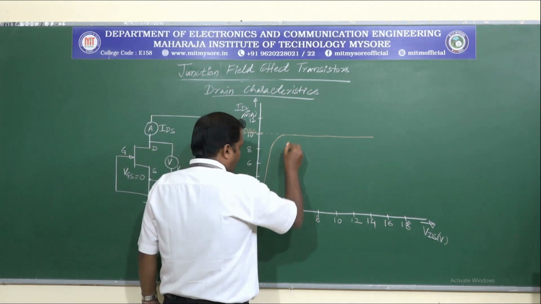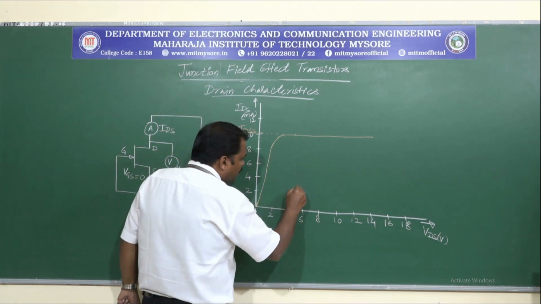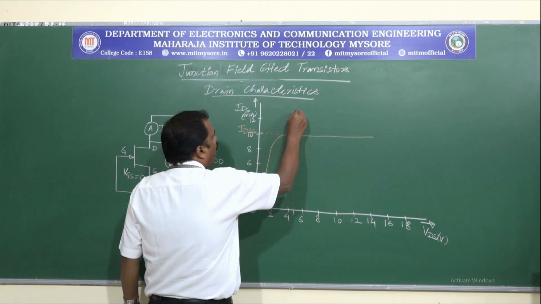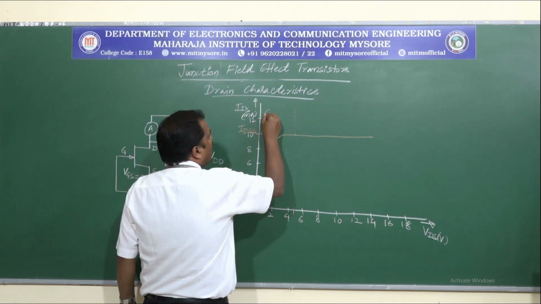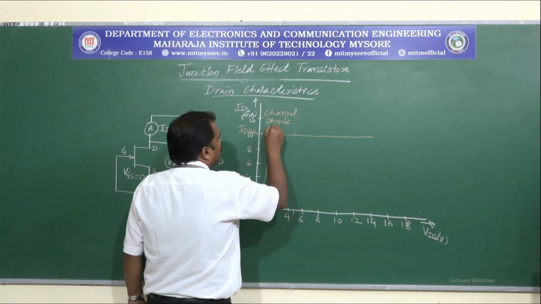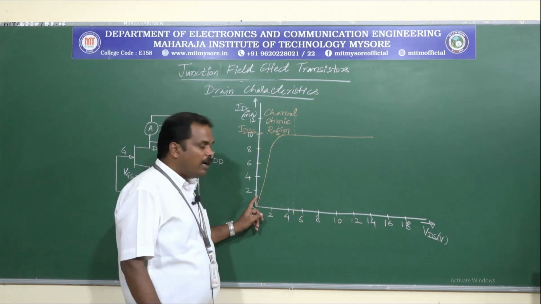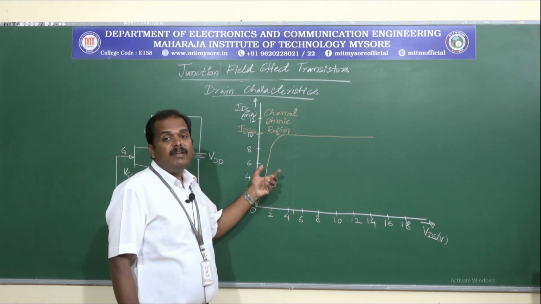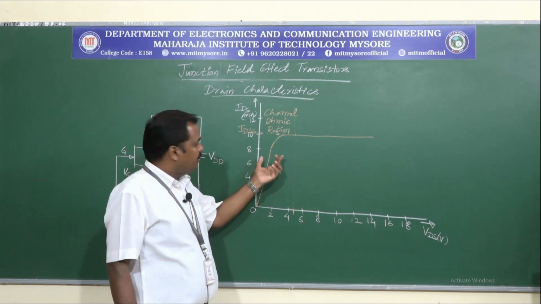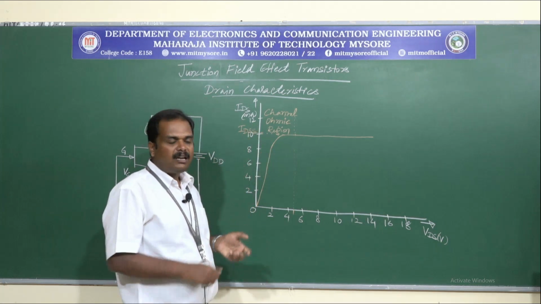The region from VDS equals 0 until IDS becomes IDSS we will call the channel ohmic region, because the device will be working as a resistive element. As I increase VDS, IDS also increases linearly. So this region is called the channel ohmic region, or it can also be called the linear region.